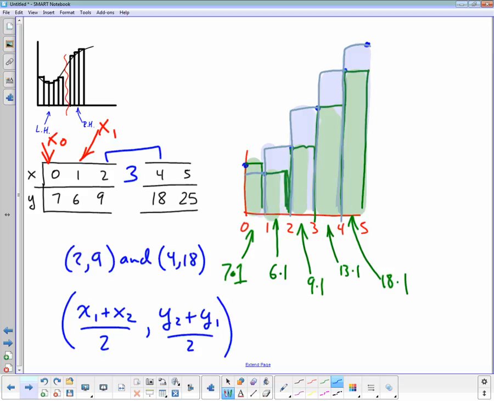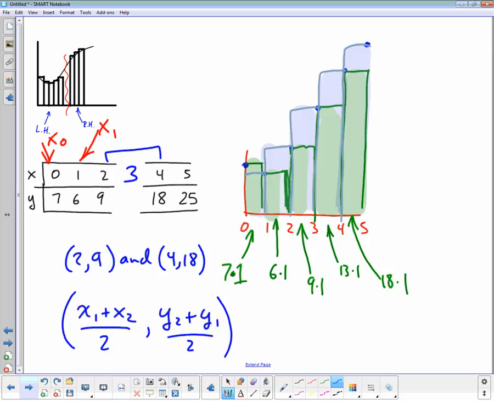Okay? So the average of 9 and 18 is, right. And what did we say 3 was before? 13, I think. At 3, I think it was 13, yeah. Right, so it's a loose, easy way of finding that value, okay?